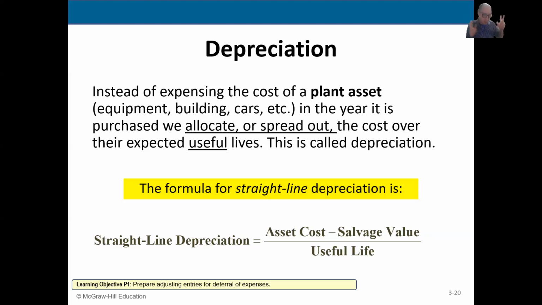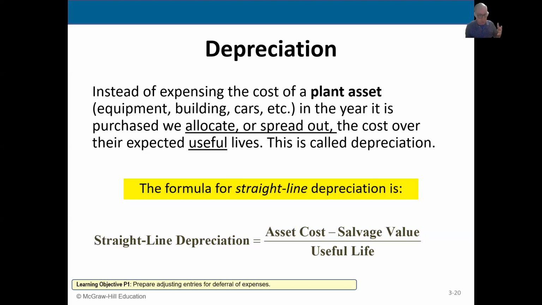They go down in value. They go down in useful life over time, because they wear out, you know? So we need to account for the cost of those fixed assets over their expected useful lives.